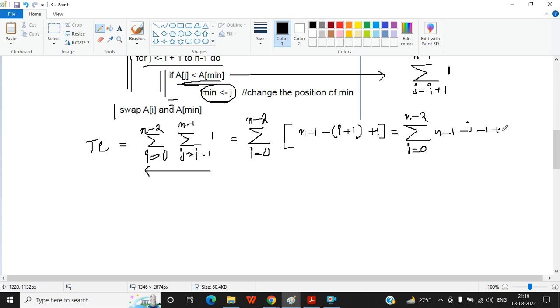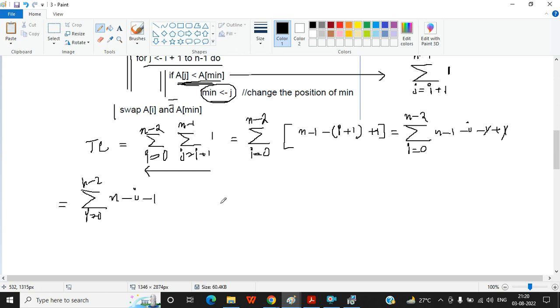The plus 1 and minus 1 cancel. Then what we have is the sum for i equal to 0 to n minus 2 of n minus i minus 1.